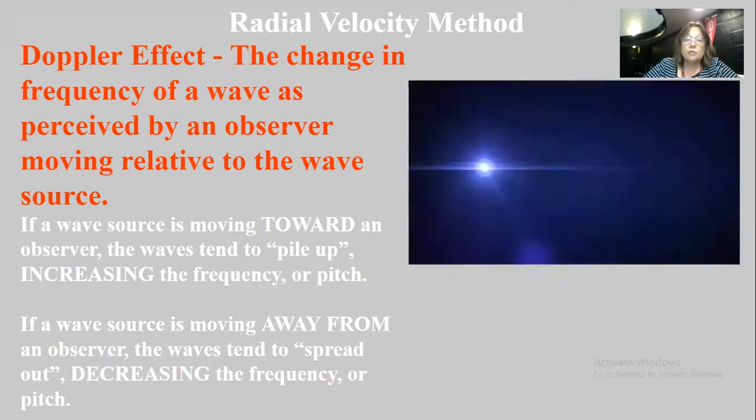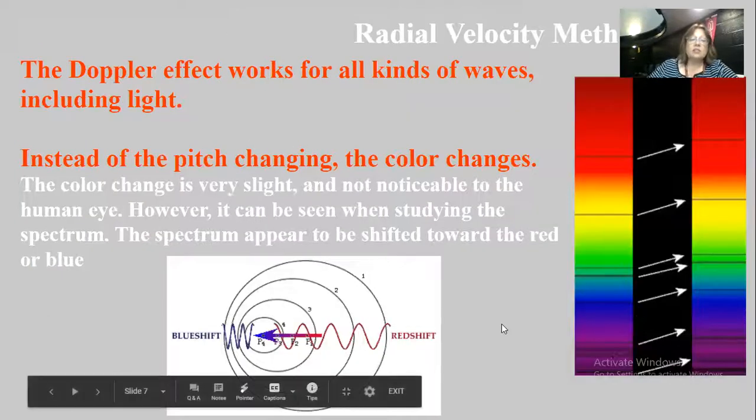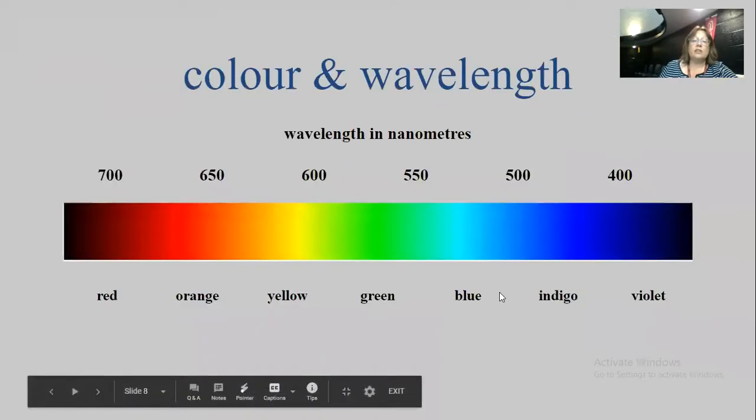So how this relates to astronomy and light waves is the change in pitch is seen as a change in color. When the wavelengths are compressed as an object is moving towards us, they are blue shifted. As the object is moving away from us, the waves are stretched out and the object is red shifted.